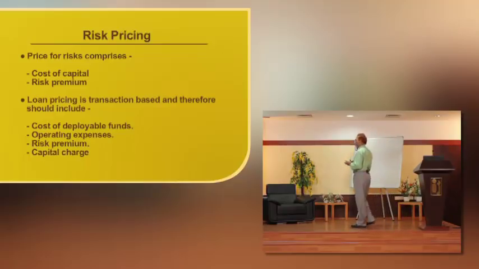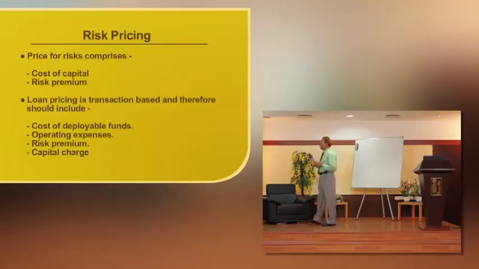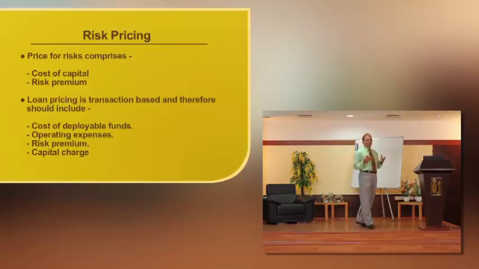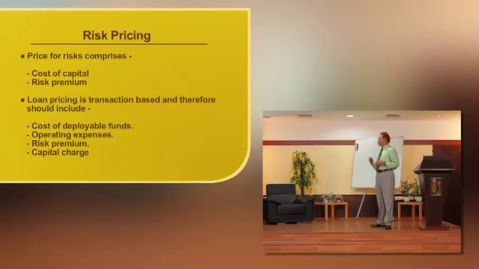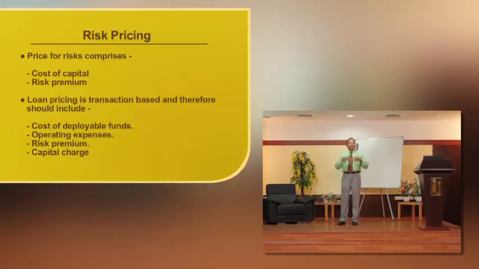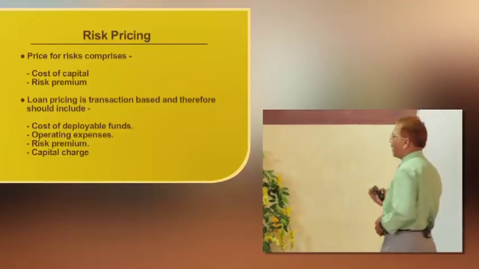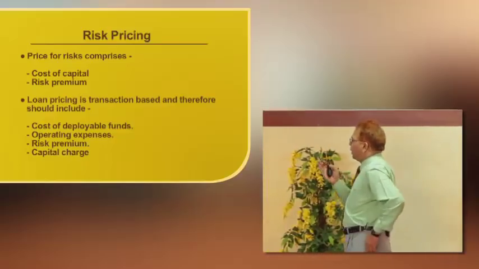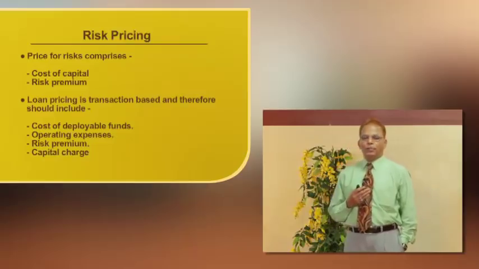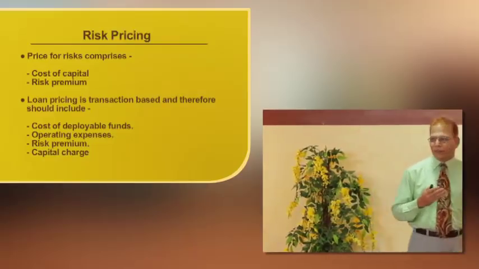So one of the important things any business will require, whether it is profit making or not, is capital. What is capital? Capital is the equity, or the owner's contribution, or the business's own money. And when we say capital works as a cushion for the risk, then when pricing a risk, we need to load the cost of capital as one of the components of the risk pricing.